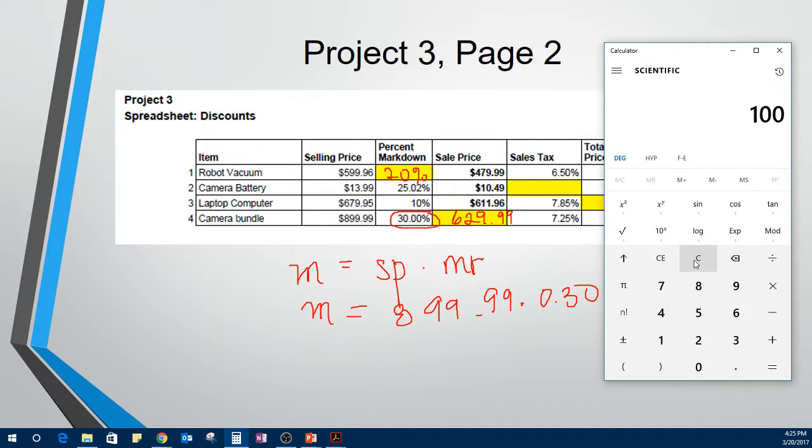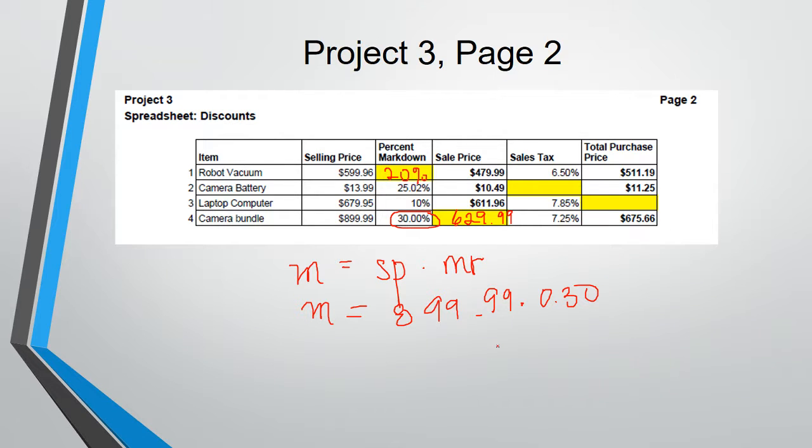It's just 100 minus 30. So 70%. Another way of doing it is multiplying the selling price by the percent paid, and you get the same answer of $629.99.